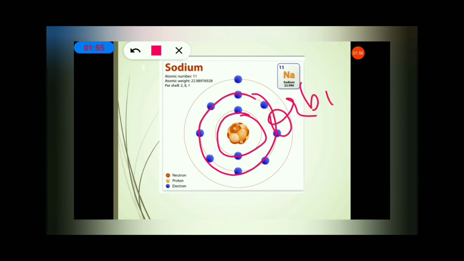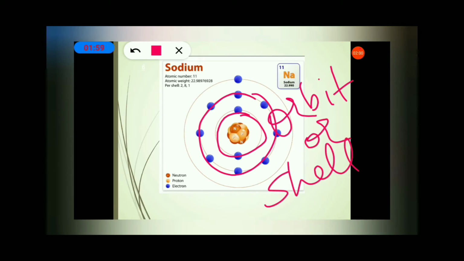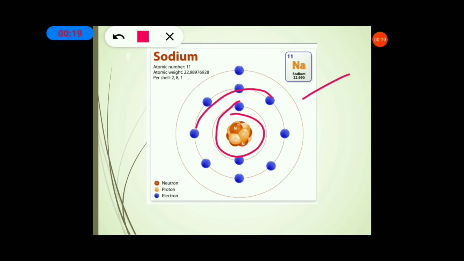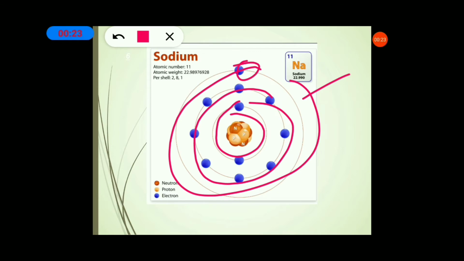Orbit or shell. Clear? Now the question is, in which shell how many electrons revolve? Because it is not possible that all the electrons revolve in one shell itself. See, here we have seen this sodium atom. In the first shell 2 electrons, second shell 8 electrons, third shell only 1 electron.